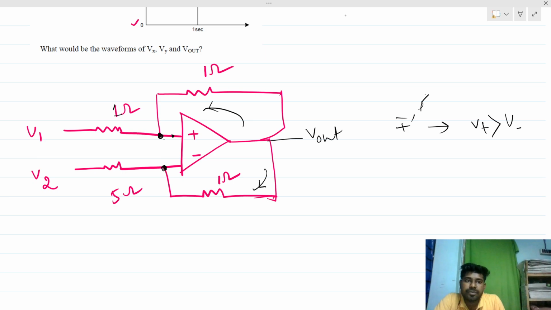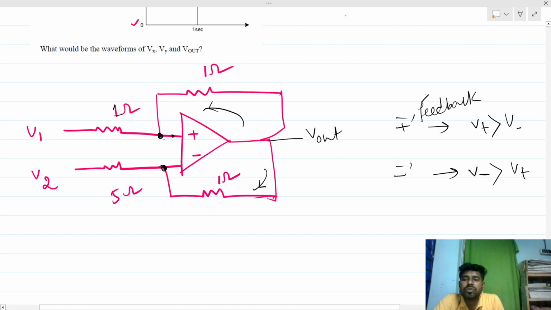And if this is a negative feedback, then the negative terminal potential must be greater than the positive terminal potential of this op amp. So we need to check the feedback factor from Vout to this node, and from Vout to this node. If this feedback factor is dominant, then it will be a negative feedback circuit. And this should be a negative feedback circuit so that it can act as an amplifier, right?